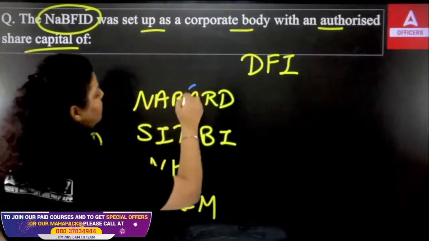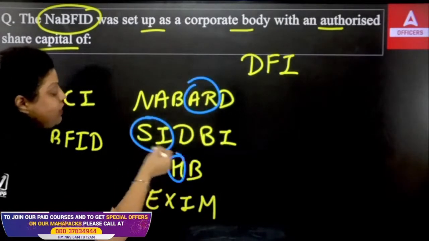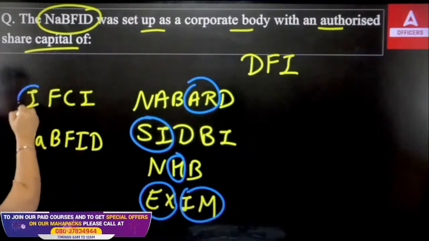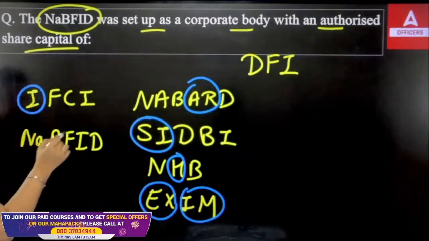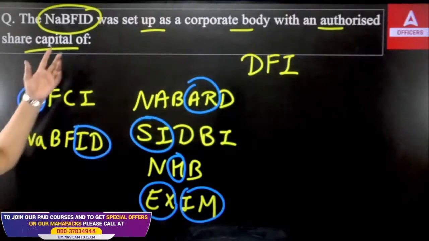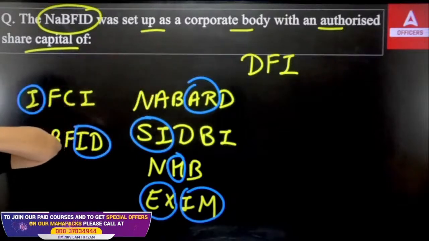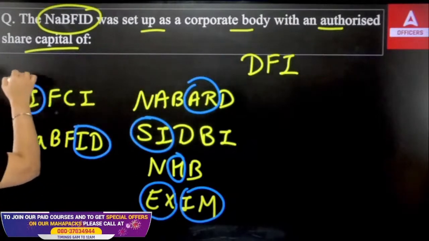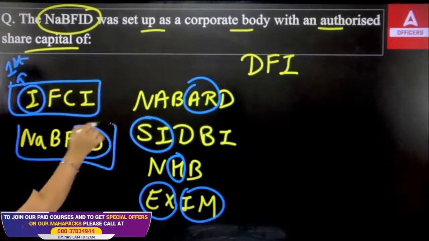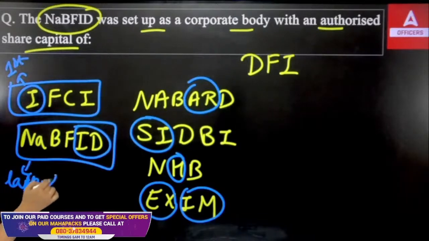NABARD works for agriculture and rural development, SIDBI works for small industries, NHB works for the housing sector, EXIM works for export and import, IFCI works for big industries, and NABFID works for infrastructure development. So development financial institutions are those institutions which develop a particular sector of the country. The first development financial institution was IFCI, and the latest is NABFID.